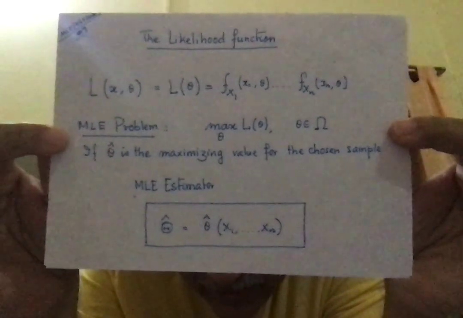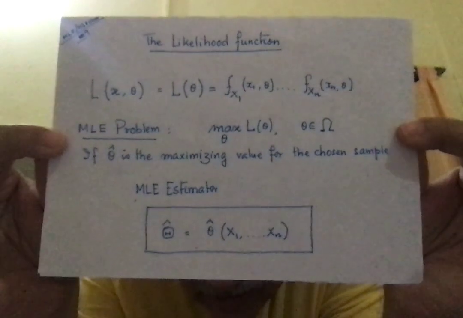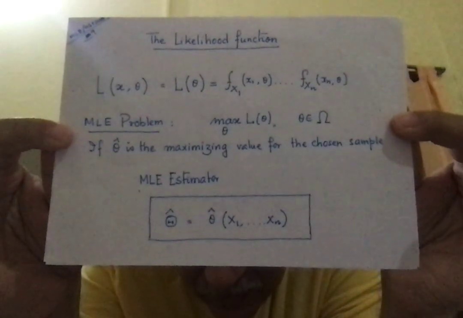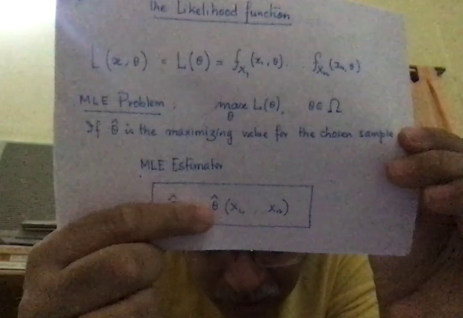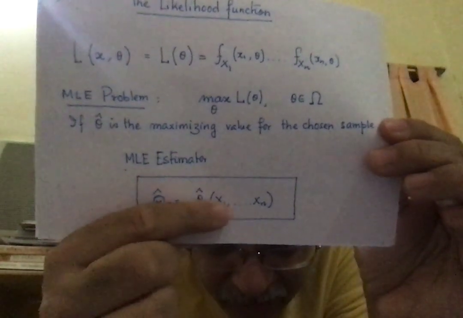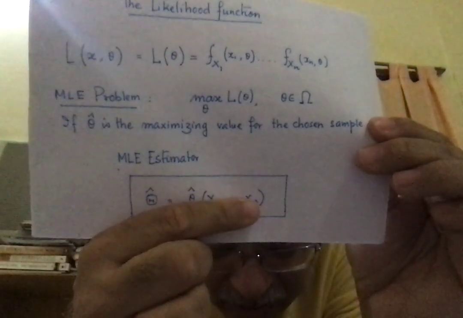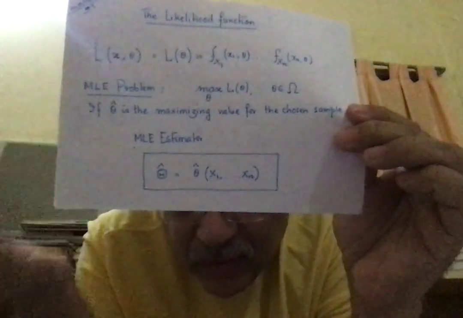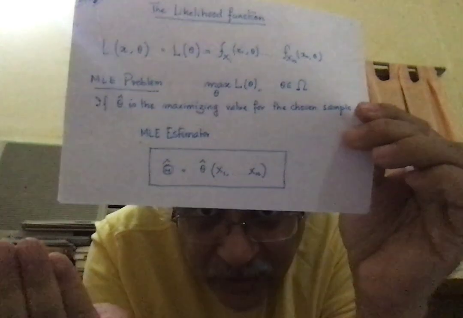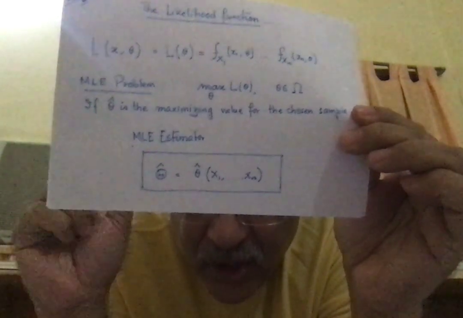When you find that theta hat which maximizes the likelihood function, that theta hat must be a function of x1, x2, xn, the observation. So in general, theta hat can be viewed as a function of the random variables, capital X1, capital X2, capital Xn. It depends on what observation you have of the random variables. If you change the observation, the theta hat would change.